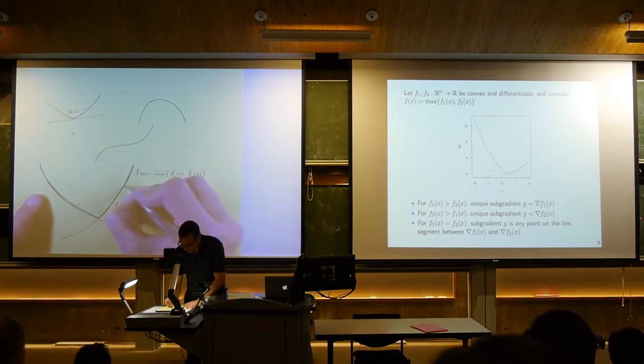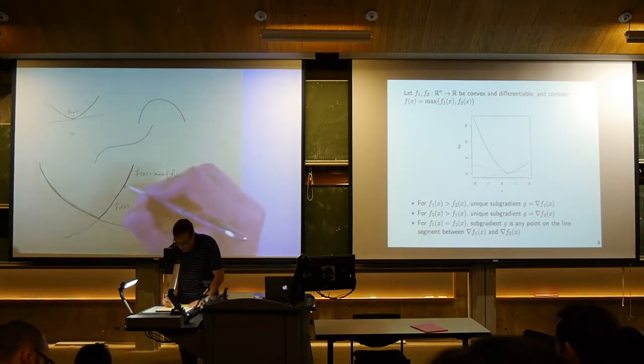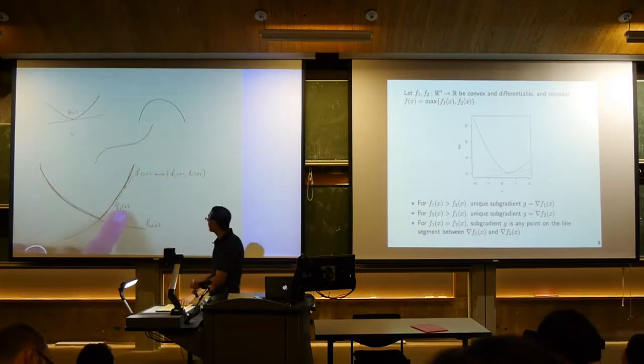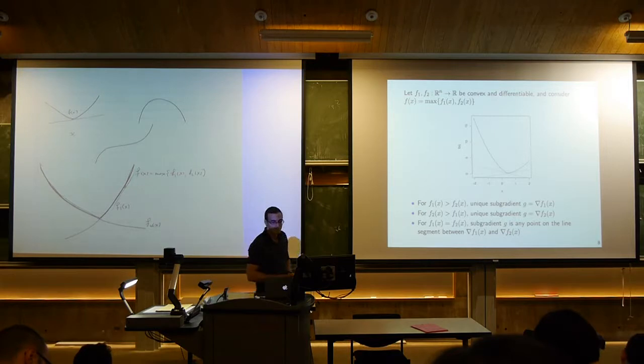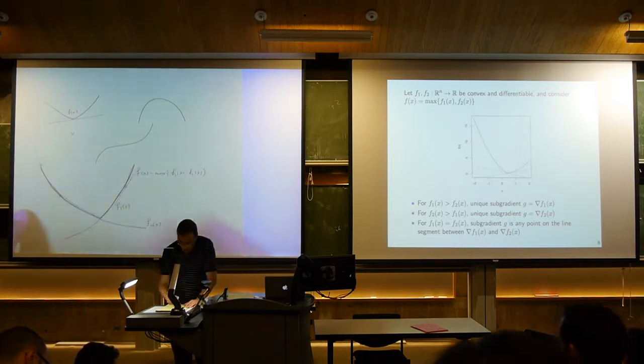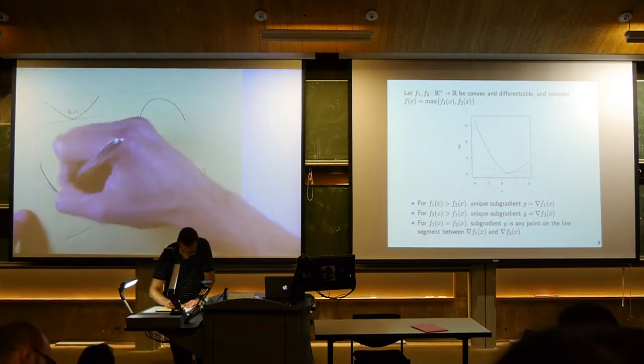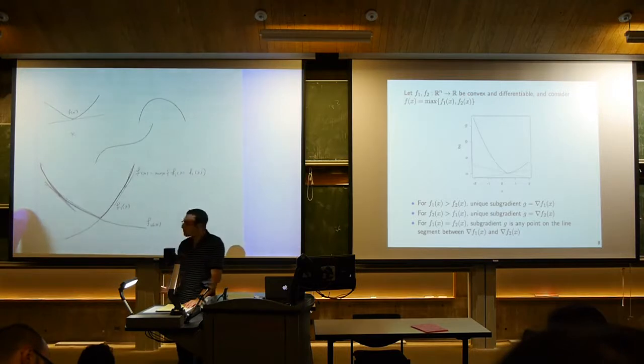So out here, if f1 of x is strictly larger than f2 of x, then subgradients are just given by the gradient of f1. That's kind of intuitive. Out here, if I have f2 of x being strictly larger than f1 of x, then subgradients are just given by the gradient of my function f2.